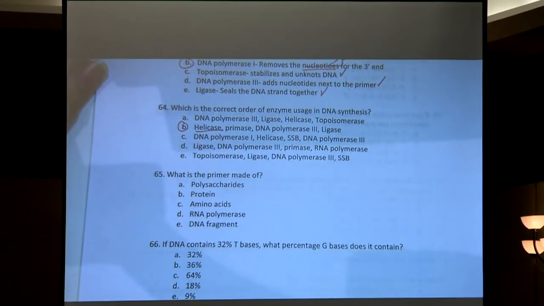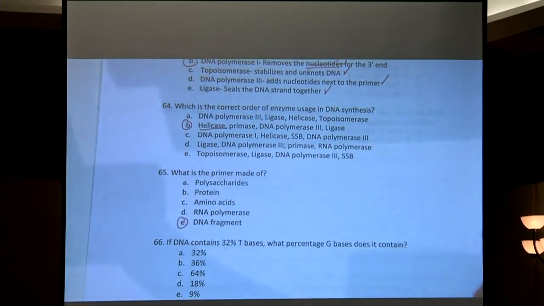65. What is the primer made out of? Is it made from polysaccharides? Is it made from protein? Is it amino acids? Is it RNA polymerase? Or is it a DNA fragment? Good. So our primer is going to be a DNA fragment.